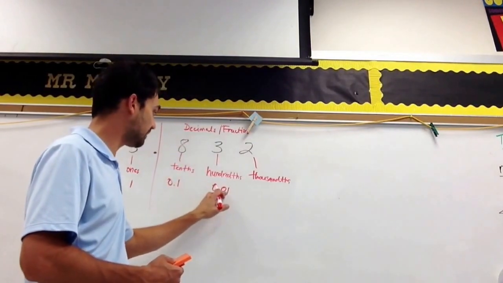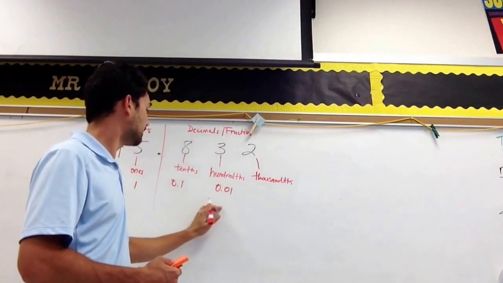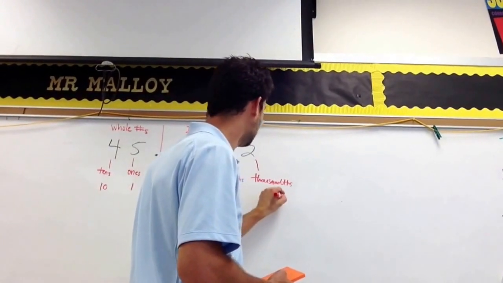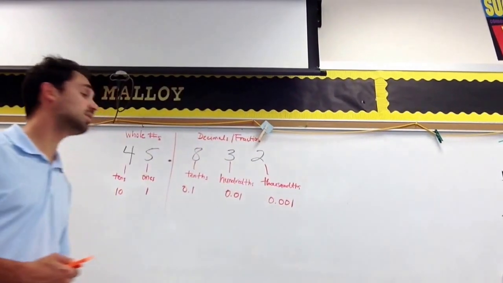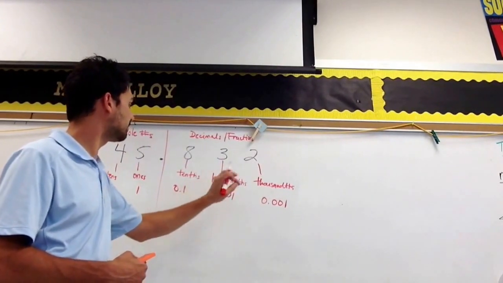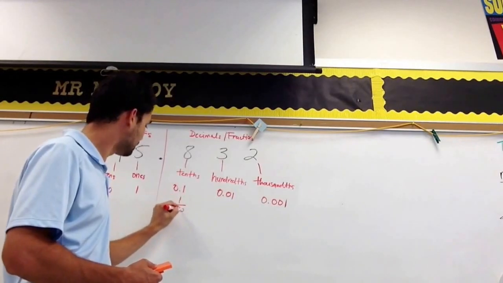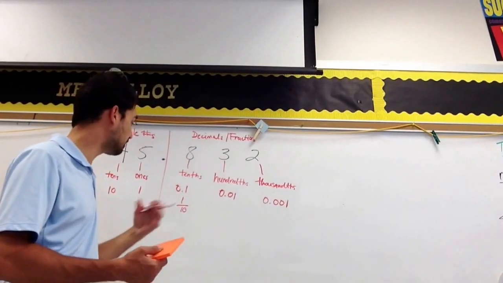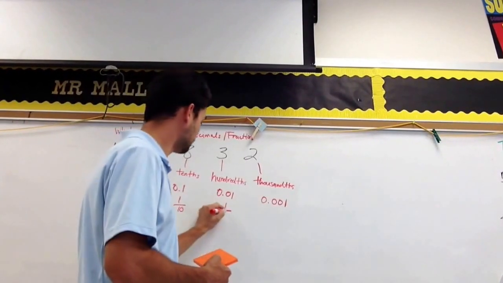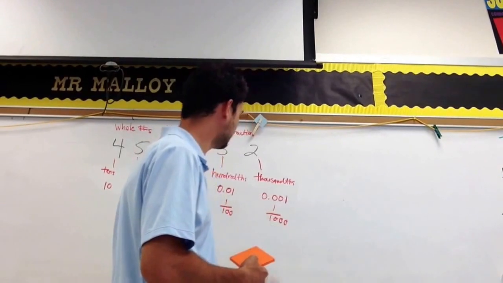I have no tenths, I have hundredths. Okay? So that's the hundredths place, and then the thousandths would be 0.001. And with the tenths, hundredths, and thousandths, we can also write them as a fraction. So 1 over 10 is 1/10. If I say 1/10, you can't tell the difference between if it's a decimal or a fraction. 1/100th, 1 over 100. 1/1,000th, 1 over 1,000.